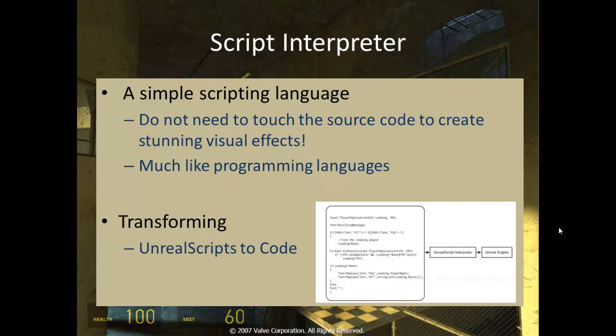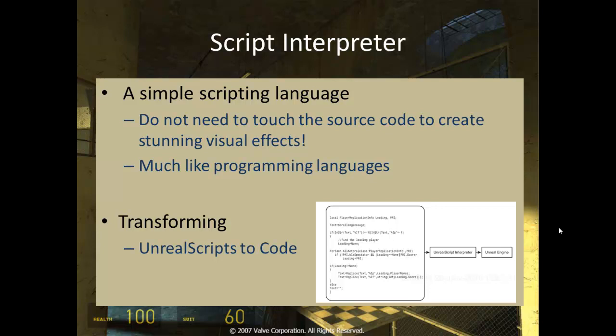Now I talked about Unreal Script a little bit, and that it is highly versatile for use in networking. It's basically a simple scripting language, very similar to C++, and you do not need to touch the source code to create these visual effects, or even the networking architecture, as I said.